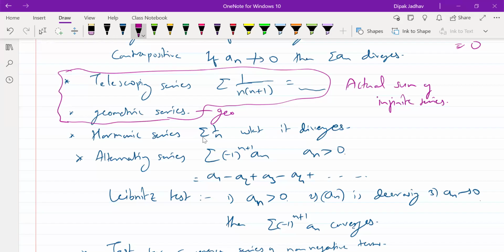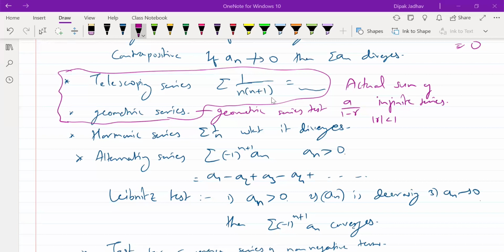What is the test for the geometric series? The geometric series test. Where does it converge? To a upon 1 minus r, if the absolute value of r is less than 1. And for telescoping series, we actually compute the sequence of partial sums.